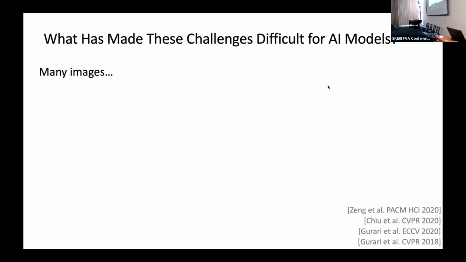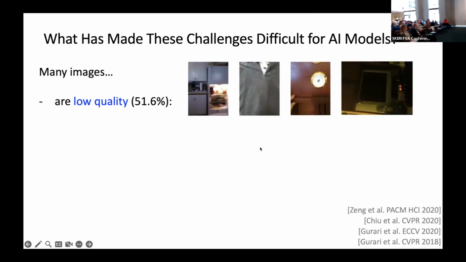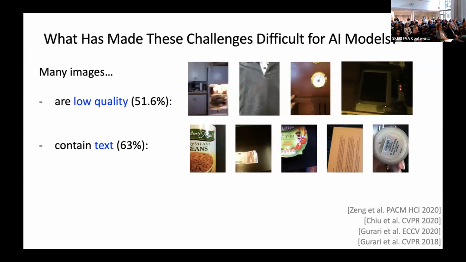These challenges have been difficult for modern algorithms for a number of reasons, including because many images are lower quality. Also, many contain text in them that was atypical at the time that we released this data to the public. Also, they contain many novel concepts, kind of like what was shown in the unsupervised learning talk, the second talk that we saw.